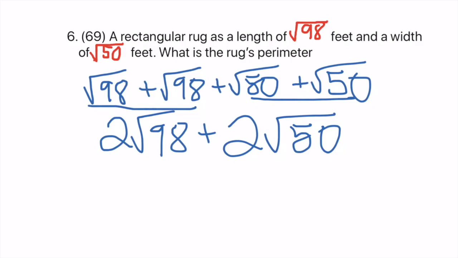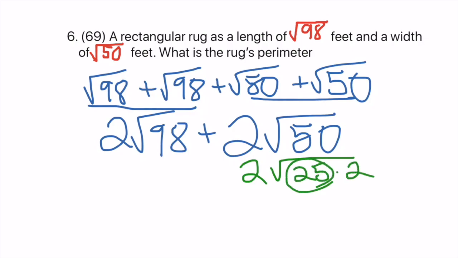So let's try simplifying each of these. Now 50, I know I could rewrite that as 25 times 2. And 25 is a perfect square, that's 5, so I know I can pull a 5 out. Because the square root of 25 is 5, so if I pull that out, 5 times 2 is 10, and then I have this 2 left over.